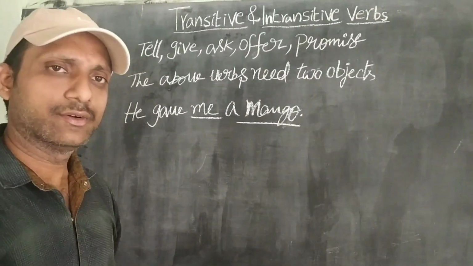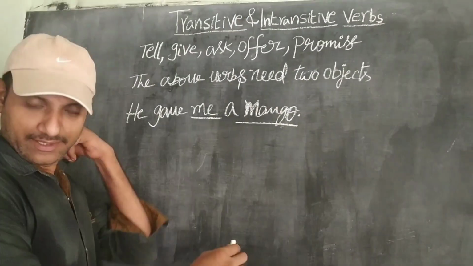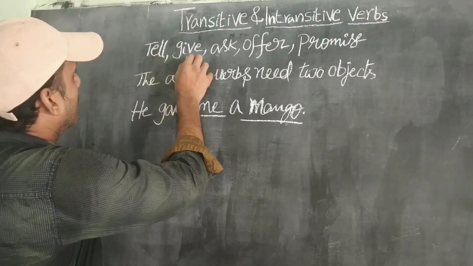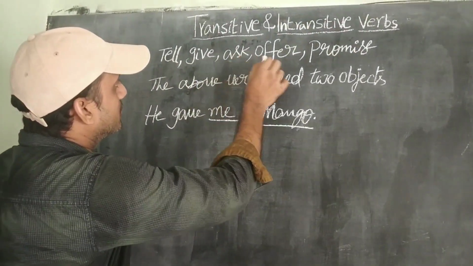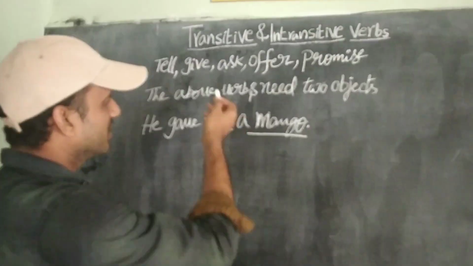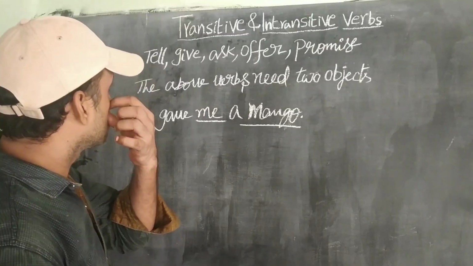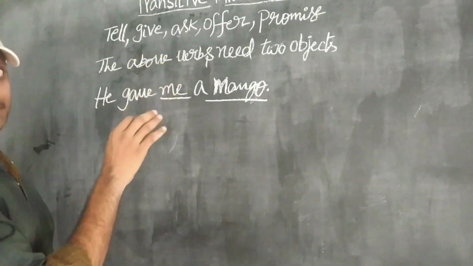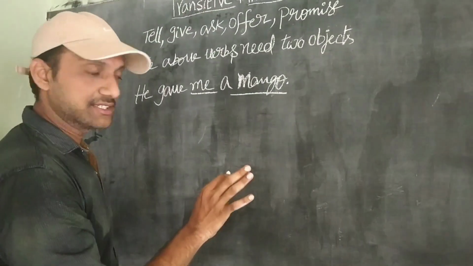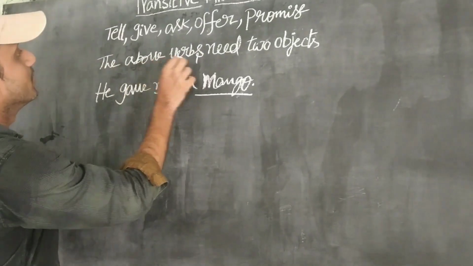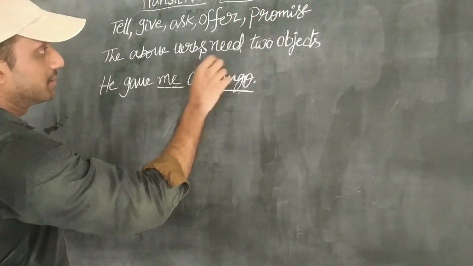Get ready. Now, let us see these verbs: tell, give, ask, offer, promise. Just some examples we have taken here. Like this, so many verbs we have. For these verbs, surely you will get two objects. The above verbs need two objects. Remember this thing.